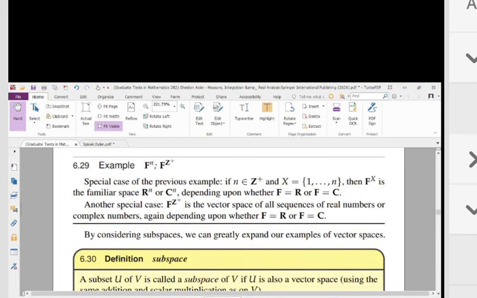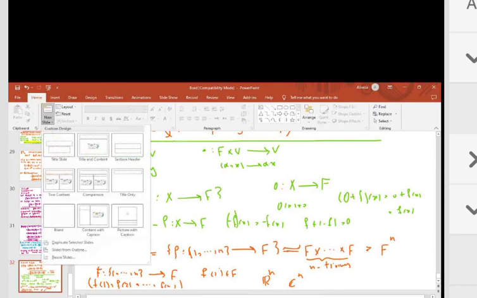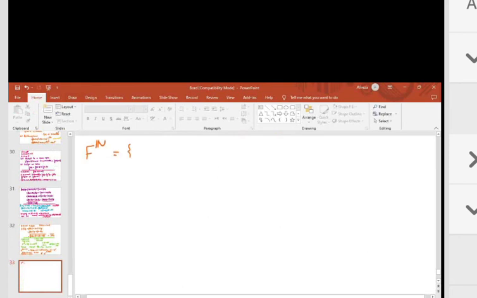And also if we consider Z plus instead of X, we have the vector space of all sequences, because we know that F^N equals the set of all functions from N to F, and these are sequences.